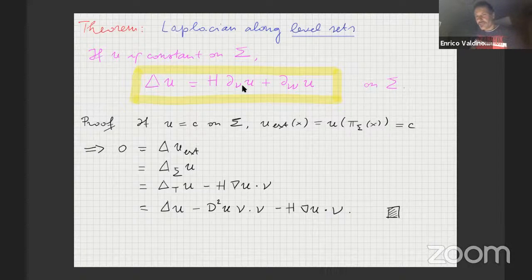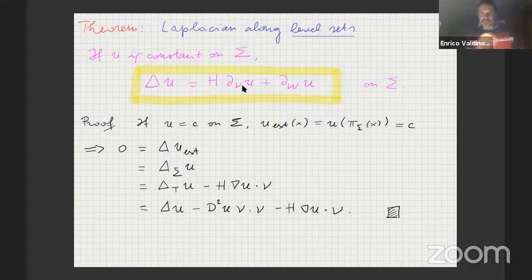There is a mini course in this school given by Julie Clutterbuck from Monash University, and she will give a much more intense and advanced course about understanding the level sets of solutions of elliptic and parabolic equations.